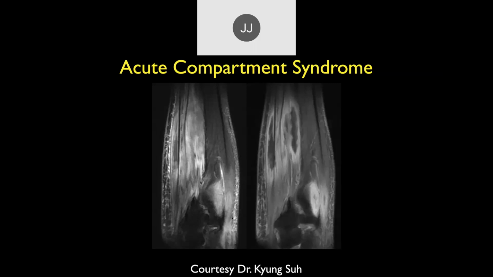You make 2 incisions about 6 inches apart, and then you just snip the fascia from up down and from down up, and you release the pressure. It's not that big a procedure, and that's the cure. Great. Thank you, John. If you wait more than 24 hours, you're going to have no muscle there.